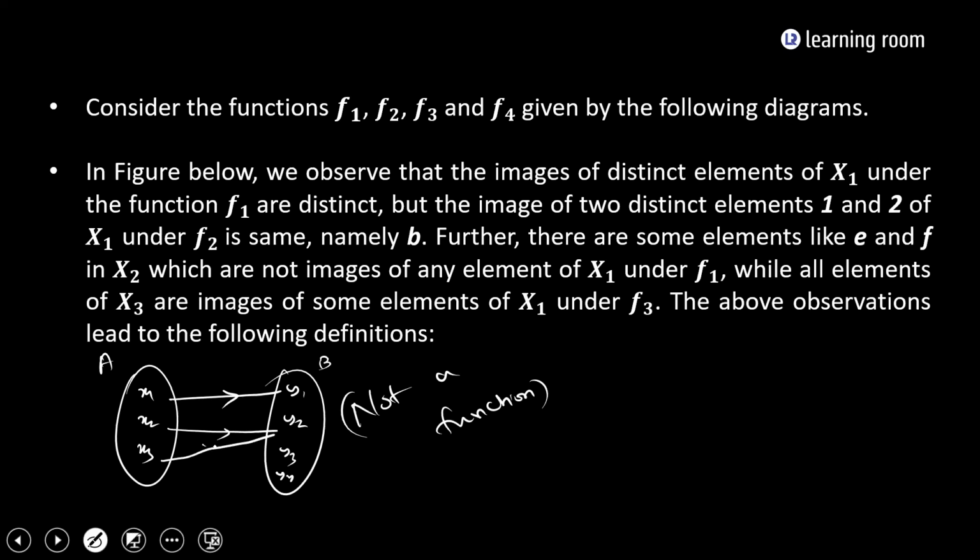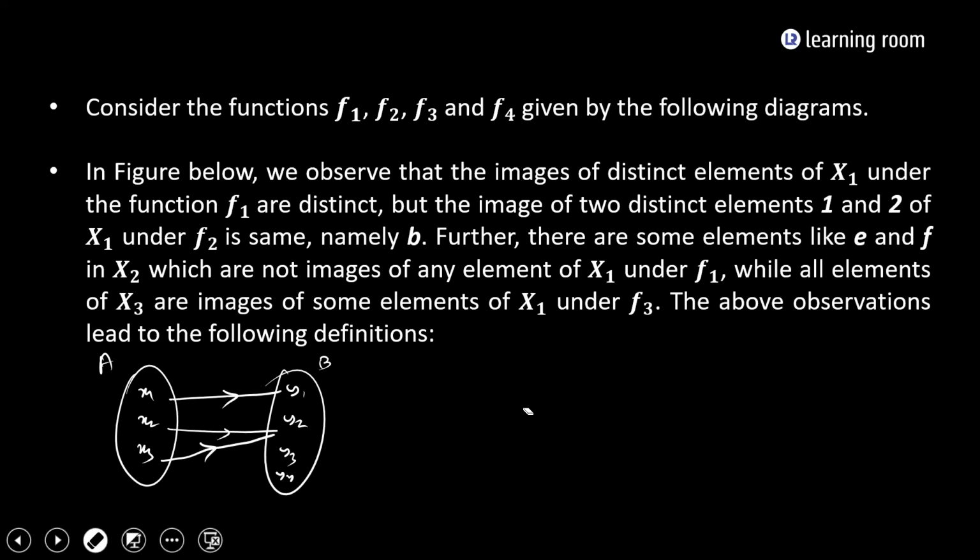Now, this one. I suggest you also draw a separate diagram. Don't draw it like me, I have an option to erase. I hope you are drawing it along with me. Is this a function? Yes, it is a function.